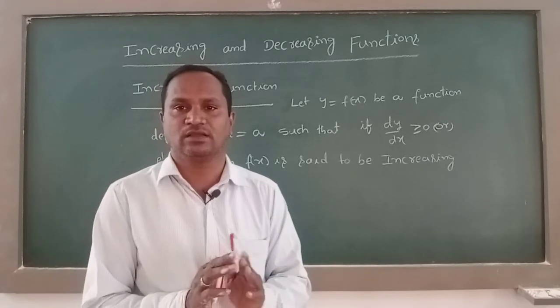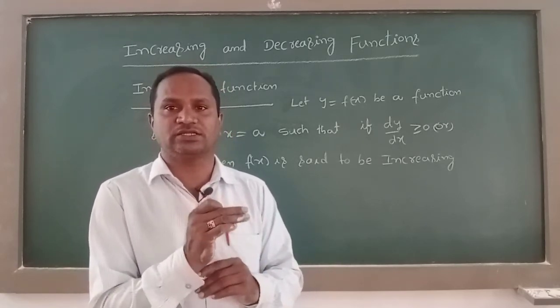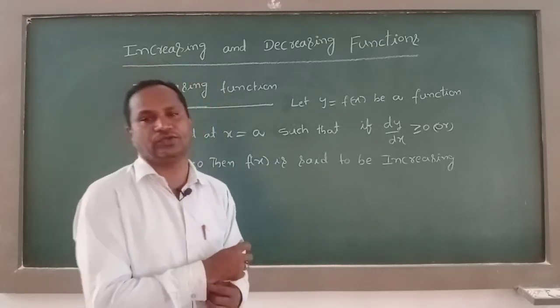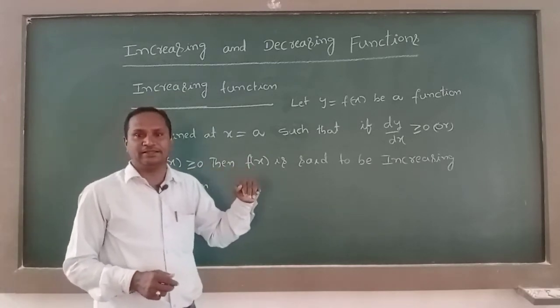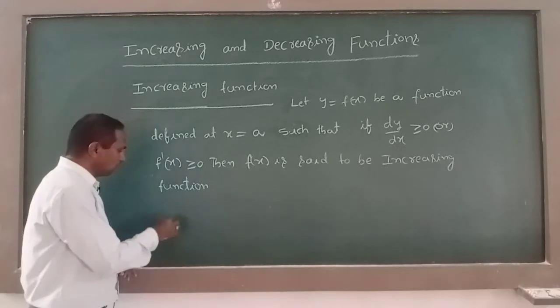Only strictly greater than 0 means we call that function strictly increasing function. How, I will show you now, and for that I am mentioning that point under the note of increasing function here.